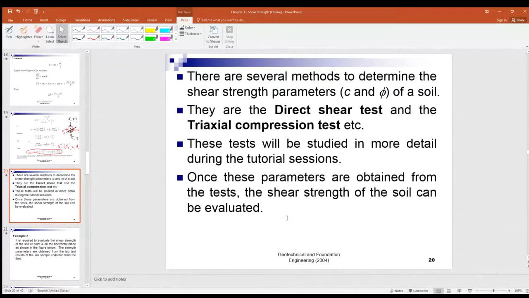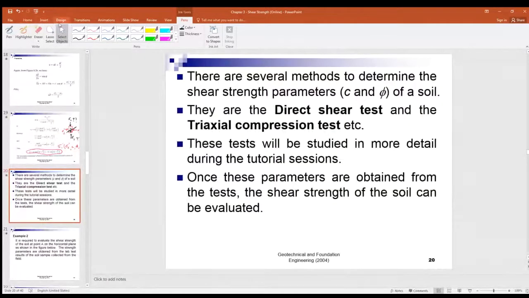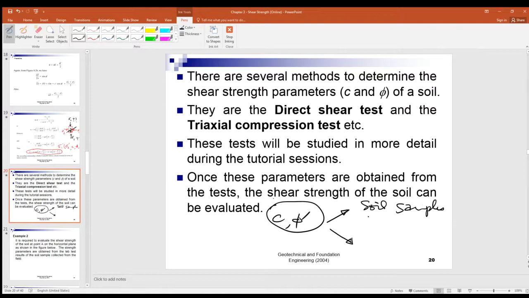For the Mohr Coulomb envelope, it's important to know the C and phi, right? Now, you can collect the soil sample from site investigation.